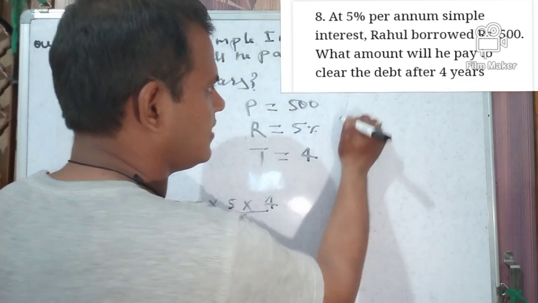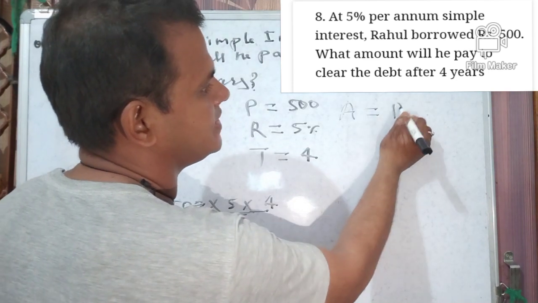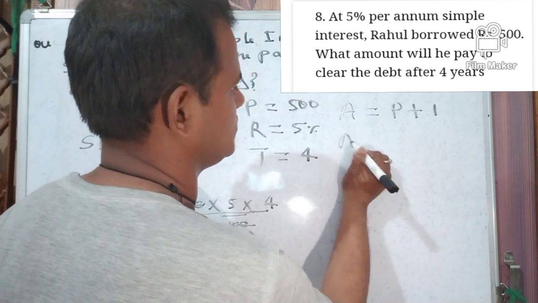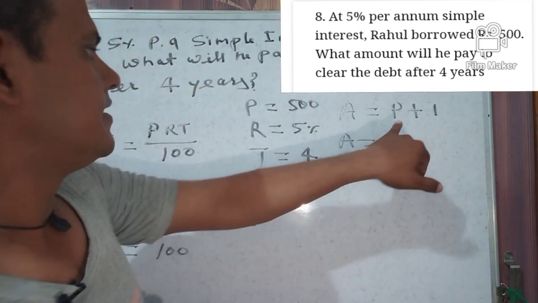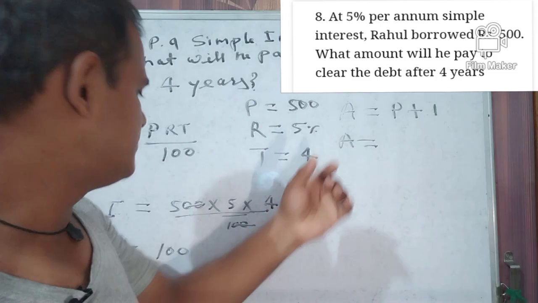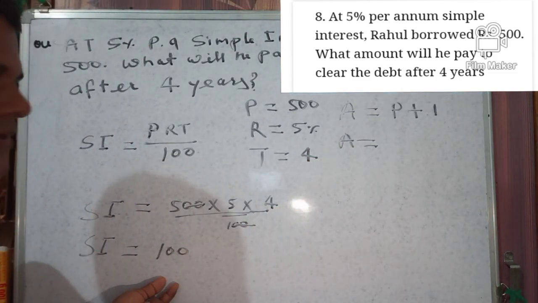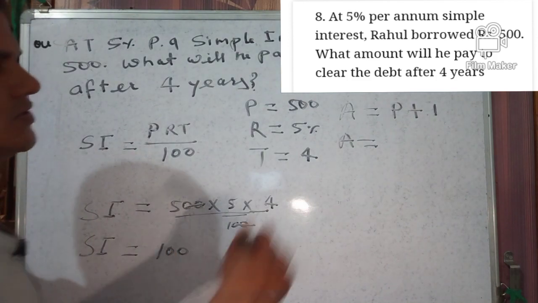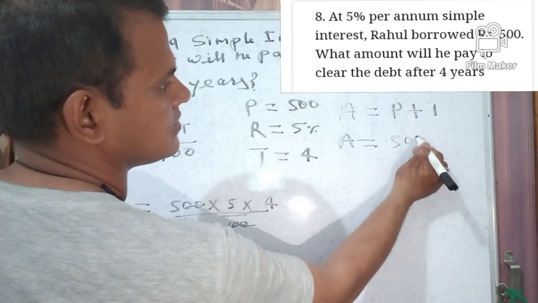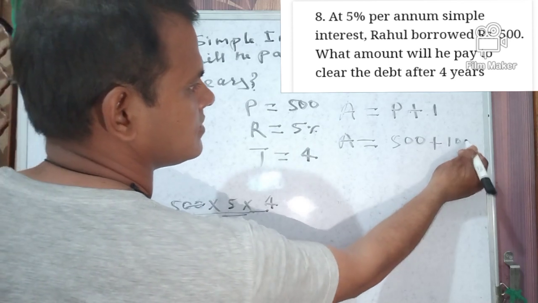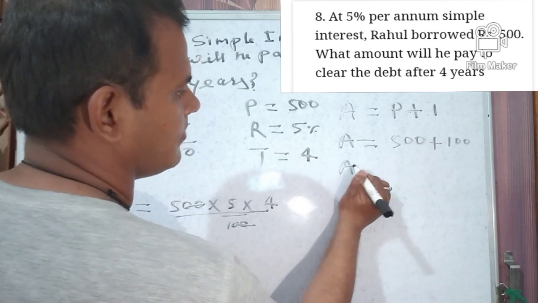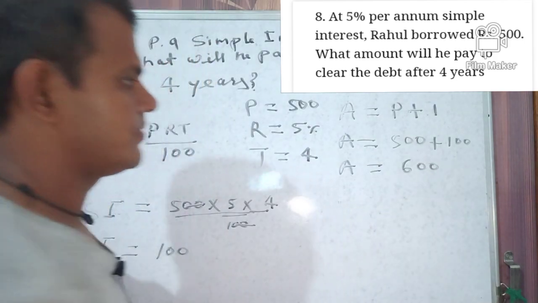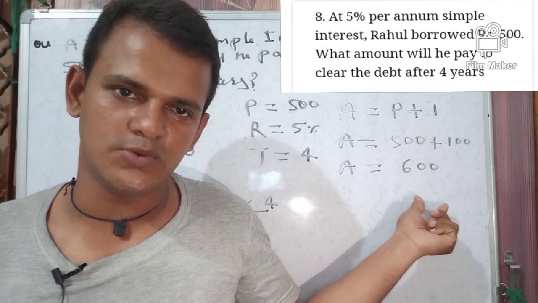So amount will be principal 500 and simple interest 100. So 500 plus 100, amount will be 600. So 600 is the answer of this question.